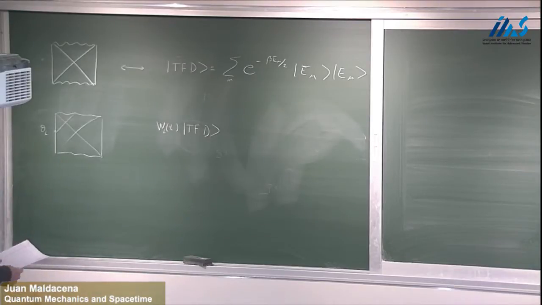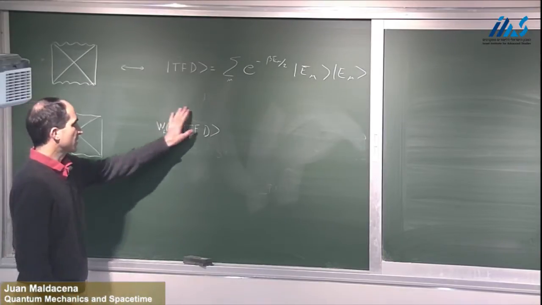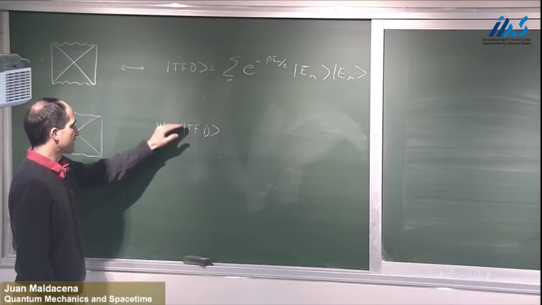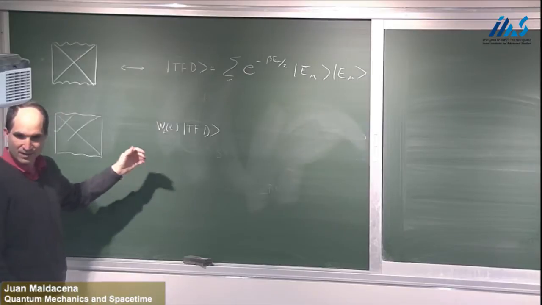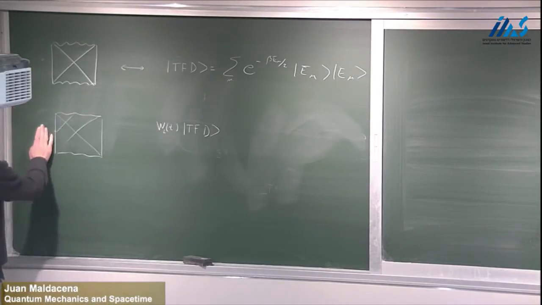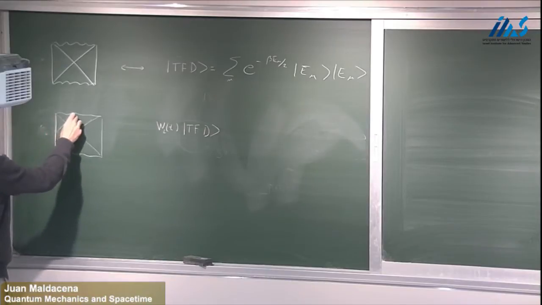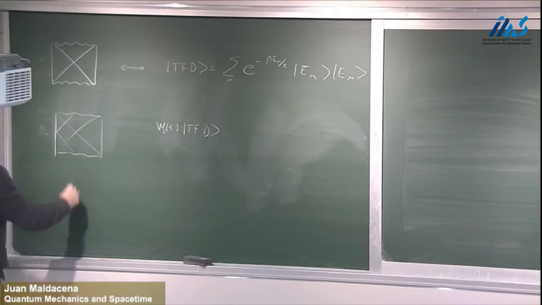This is a picture of acting with the operator and creating the excitation, but it will be useful to think of this as a state. After we act with the operator, we now have a state, and we can take this state and evolve it backwards and forwards. From that point of view, what we have is this excitation that then gets reflected from the initial singularity.